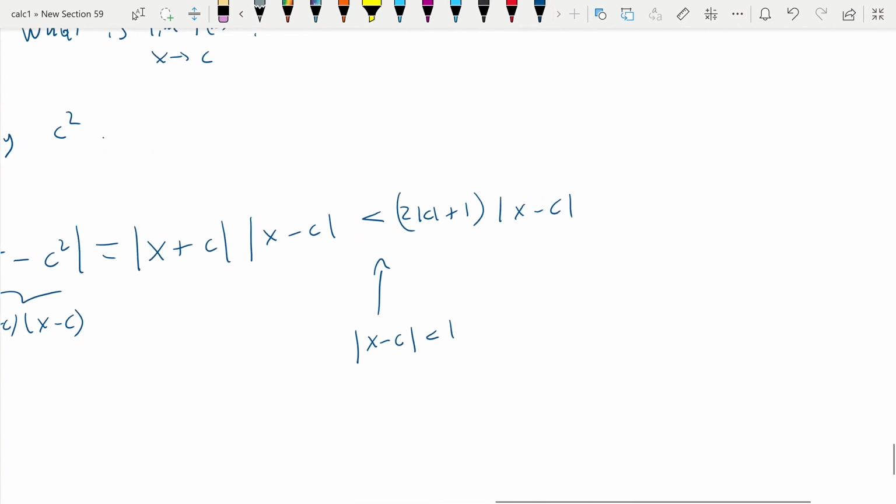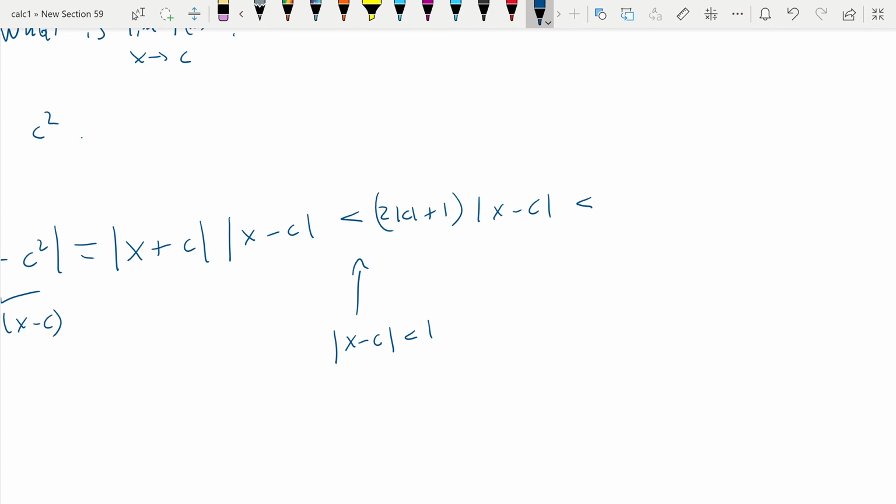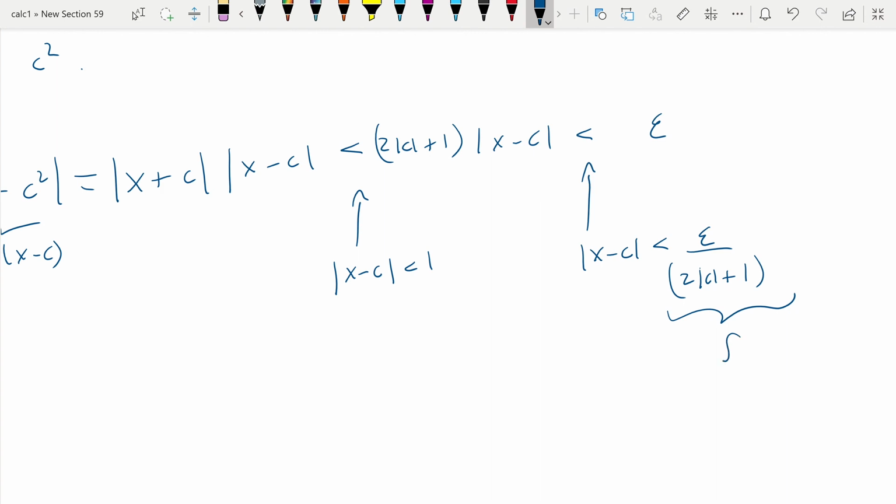Now the last part is smaller than epsilon, provided, again, now what did we do last time? Once we isolate the distance between x and c, we simply divide everything to obtain the condition on the distance between x and c. So this will be true as long as the distance between x and c is less than epsilon over 2 times the absolute value of c plus 1. So this is your delta.